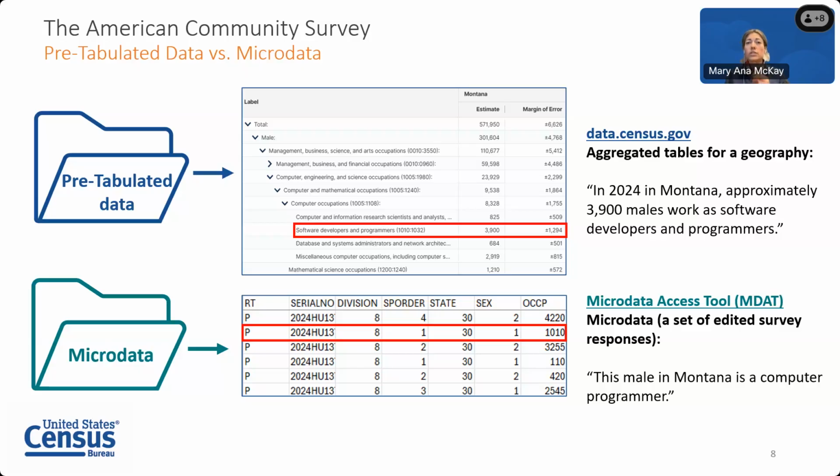These statisticians have also calculated and provided the margin of error for this estimate. By contrast, the microdata below provides a sample of those records that the statisticians used. Here, you can see that one person who responded to the ACS in Montana is a male computer programmer. To create an estimate, the data user must take this raw data and follow the same process that the statisticians did in the example above it.